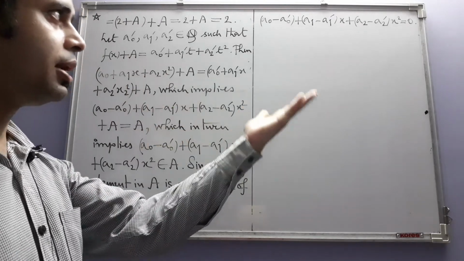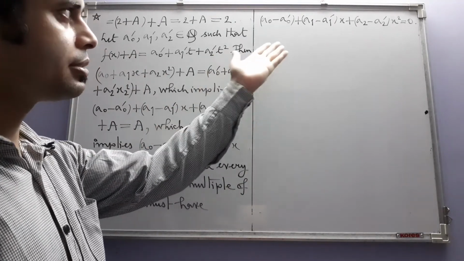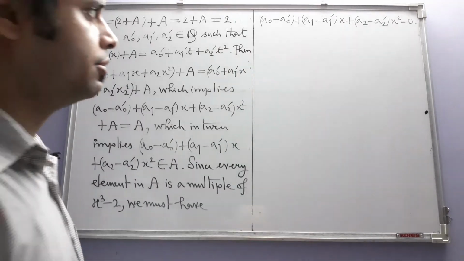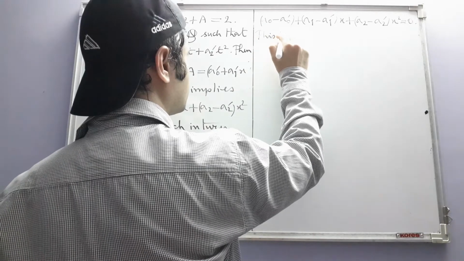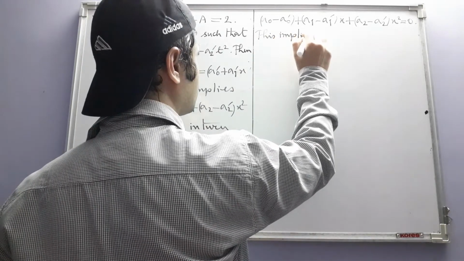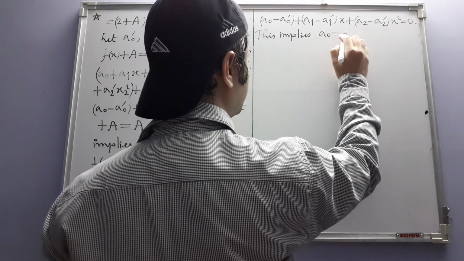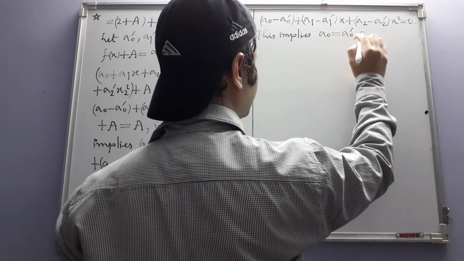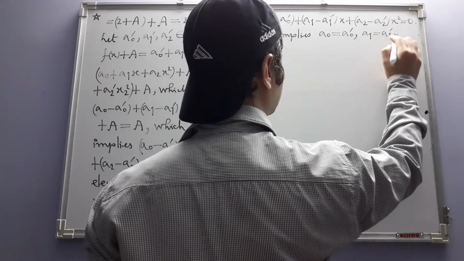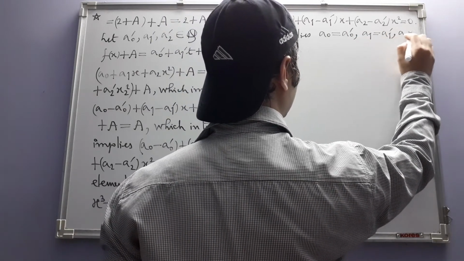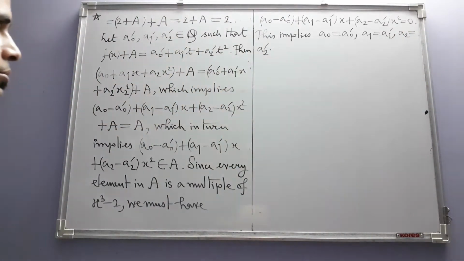Now a polynomial being 0 like this means what? It means that the coefficients are all 0. This implies coefficients are all 0 means we should have these equalities, and a2 is equal to a2 prime.